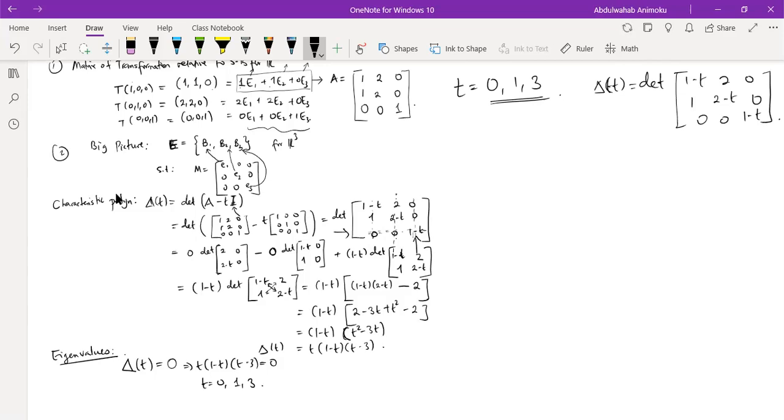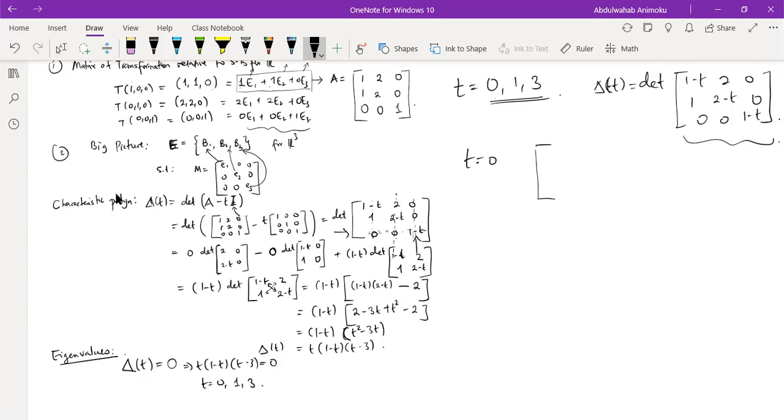Okay. Now, what we now do is to find the eigenspace, or the eigenspace solution, to each eigenvalue. We just need to input these numbers, t equal to 0, into this matrix, and then see what the solution to the homogeneous system is. Okay, so let's just do that next. So when t is 0, what do we have?